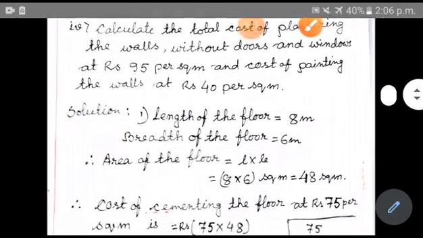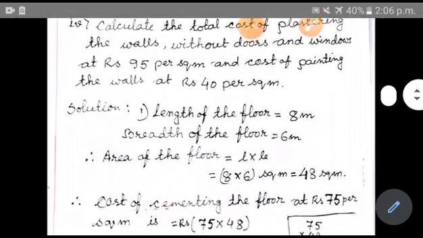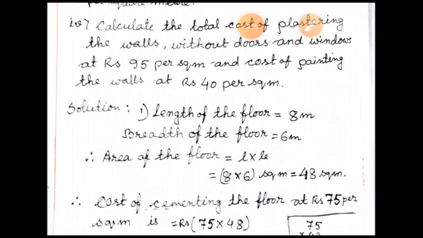meter. So this is the area of the floor, and in the question it was given that the cost of cementing the floor is rupees 75 per square meter. That means the cost of cementing 1 square meter area is rupees 75.